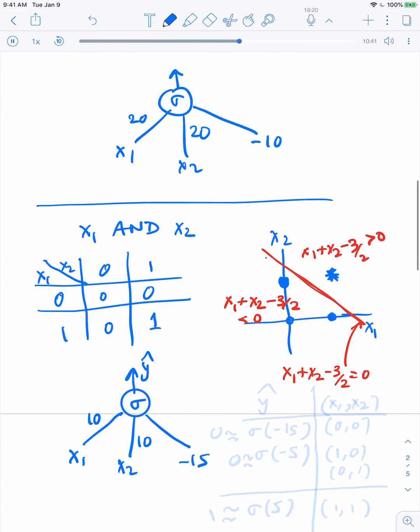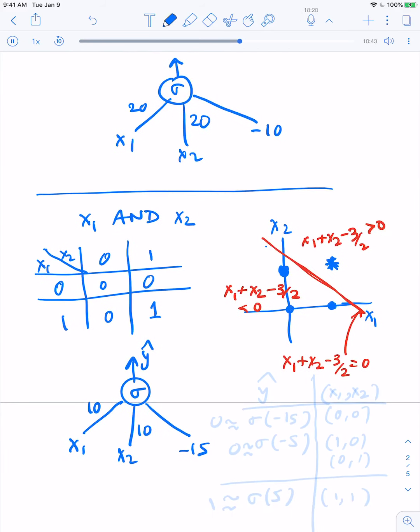And you can check again that when both of them are 0, you get sigma of minus 15. When one of them is 1 and the other one is 0, you get sigma of minus 5. This is for 0, 0, and this is for 1, 0, and 0, 1.